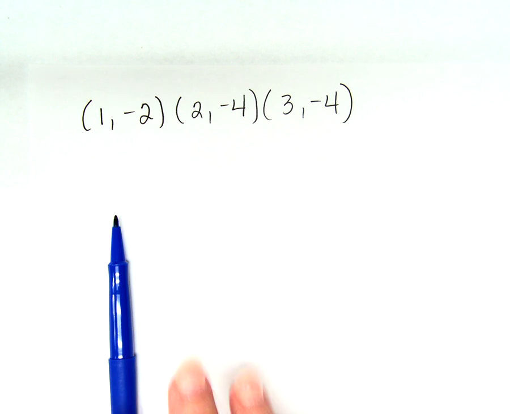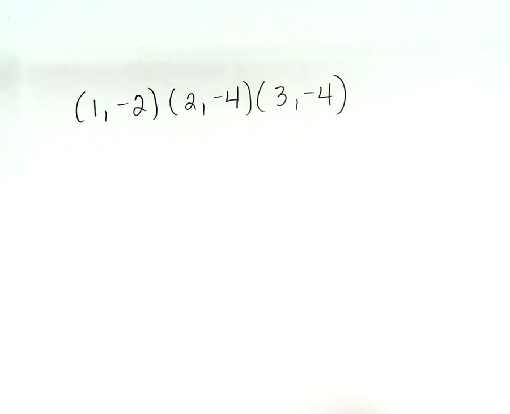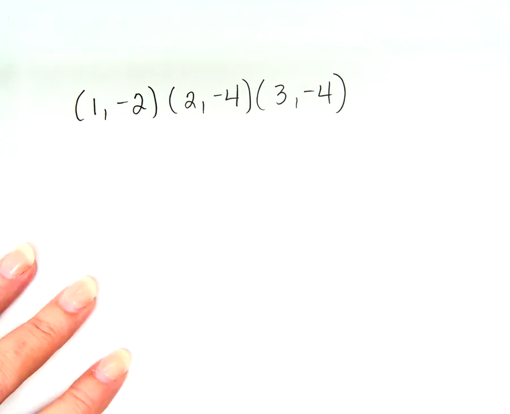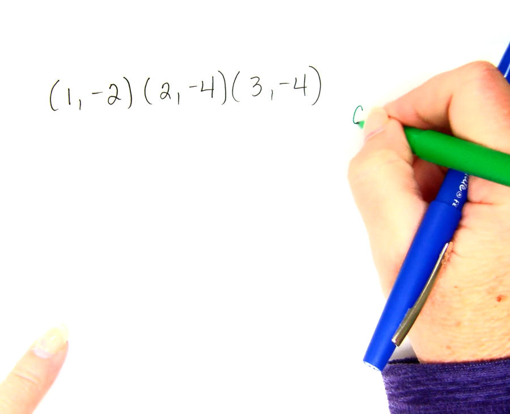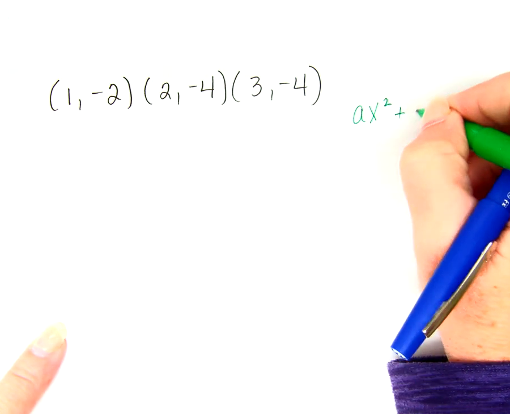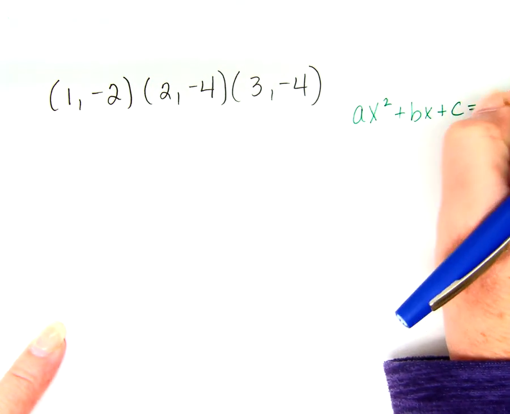That's not the one I meant to do. We'll do this one anyways. I'll have to point out something that I want you to see. So what do I do first? First I have to write my system, using the general form of my quadratic, which is ax squared plus bx plus c equals y.